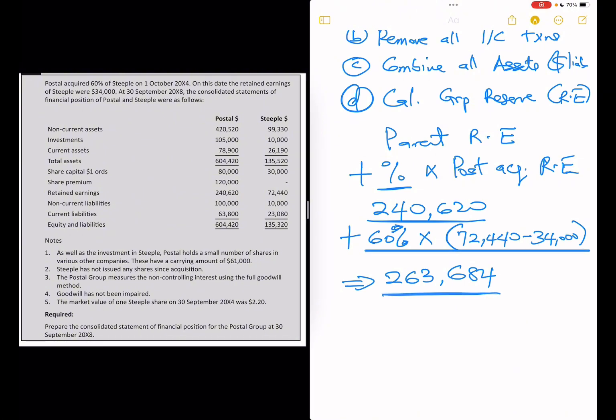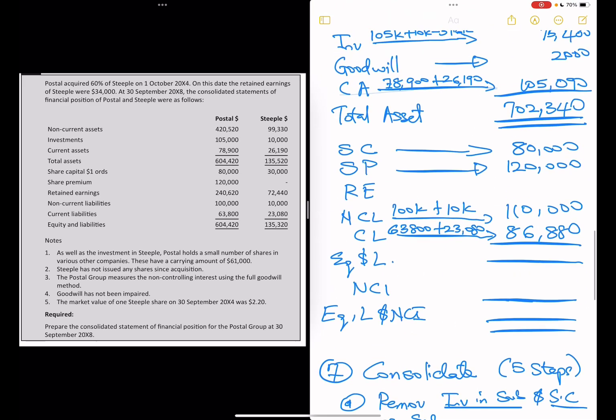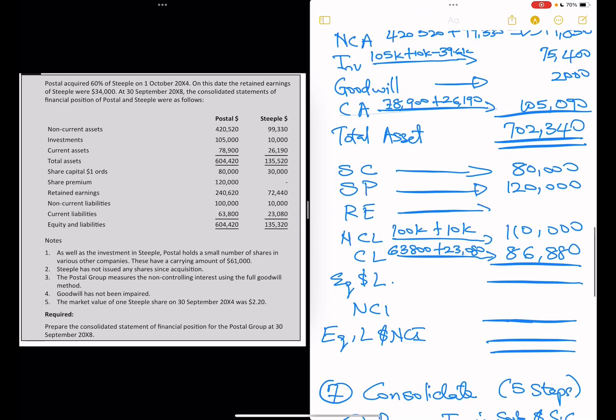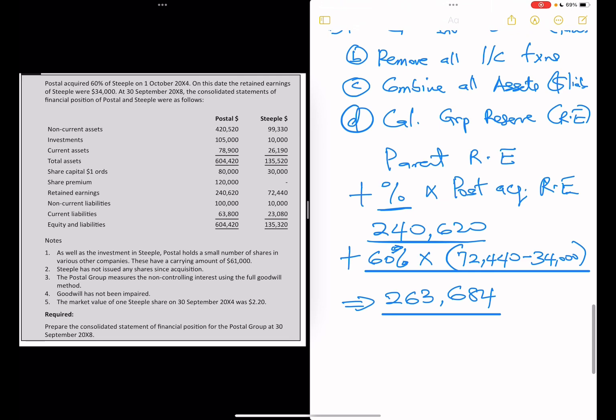So let's move that to our financial statement. So we have 263,684. And let's call this working 1.